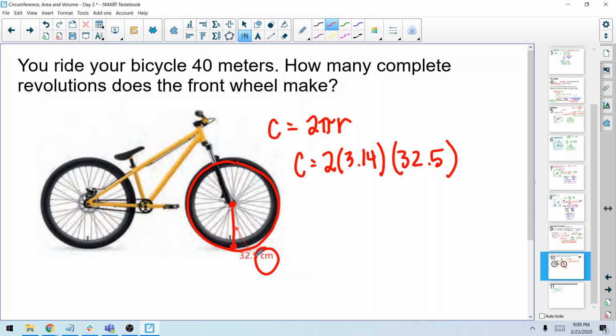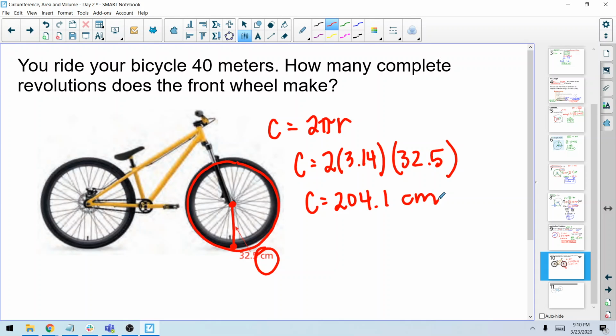Grab your calculator. 2 times 3.14 times 32.5 is 204.1 centimeters. So just one rotation of the wheel and you'll travel 204.1 centimeters.